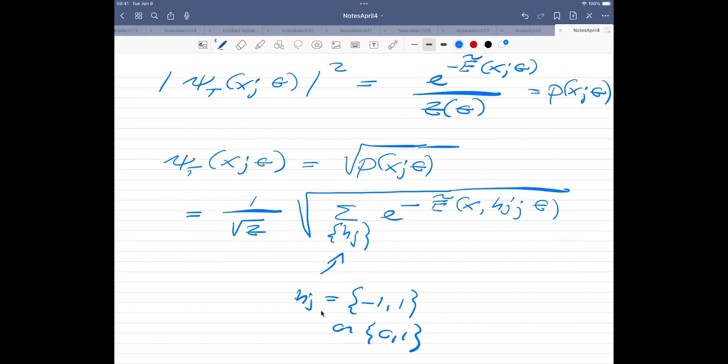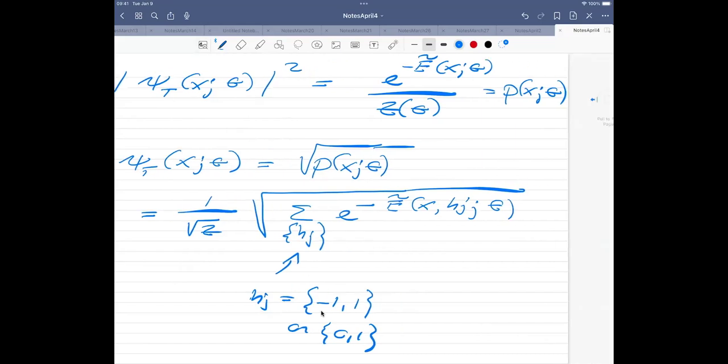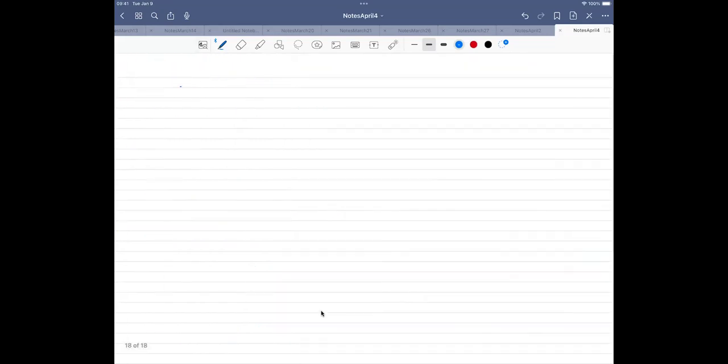So if you now look at the trial wave function, if you do the mathematics now, what you will see is that this ln psi_T of x, theta is going to be equal to minus 1/2 ln Z. And I'm dropping this dependence on the parameters theta.